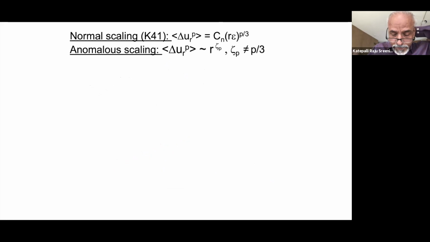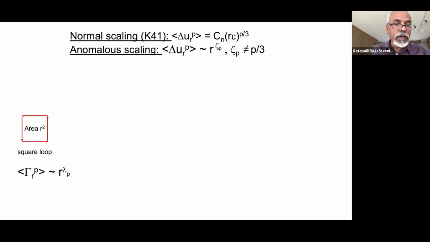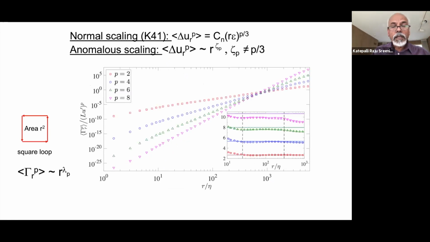Now let's take all these caveats in our back pocket and just compute the scaling exponents for square loops, assuming the area rule works, and therefore square loops are the same as rectangular loops, same as whatever else. Now this quantity here, the peak moment of the circulation around contours of size r to the power lambda p, if there is scaling, these things should be straight.